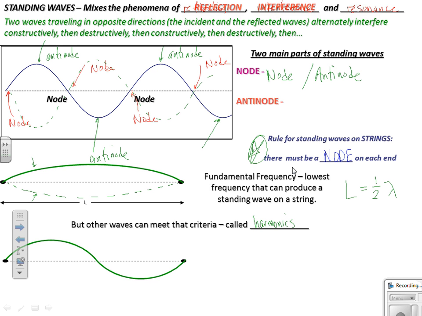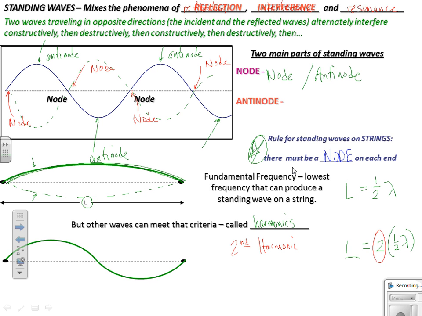If we have just the peak, we have only half of a wave. That length, L, of the string is half a wavelength. Notice that here, the same length of string now gives us two half wavelengths, a full wave. So therefore, we call this the second harmonic.